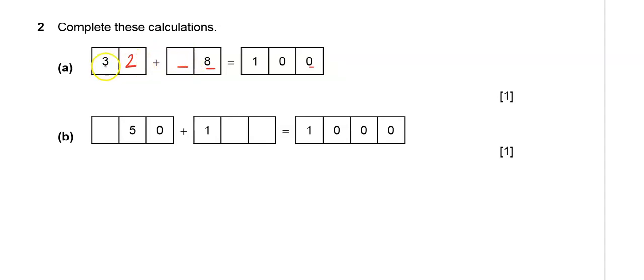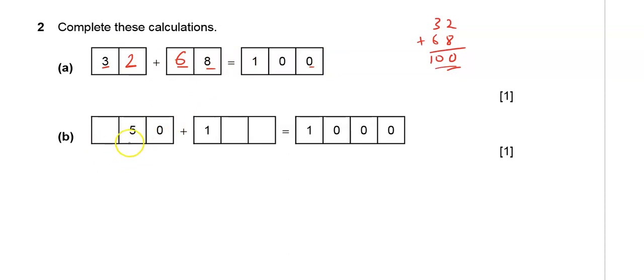So 3 plus 1 gives us 4. What number do you add to 4 to get 10? That number is supposed to be 6. You can confirm that. 32 plus 68: 8 plus 2 gives 10, carry 1. 4 plus 6 gives 10, so 100. So the number is 32 plus 68.